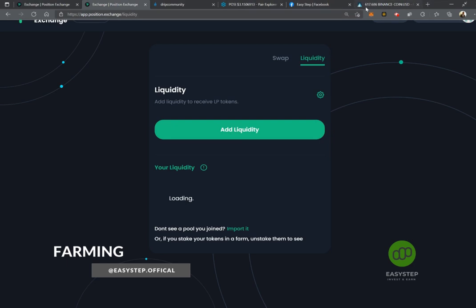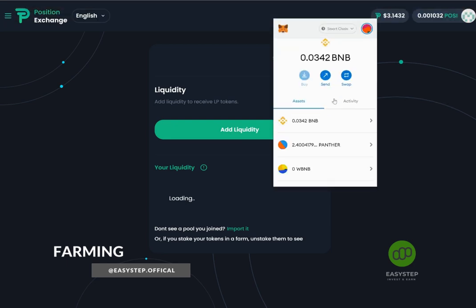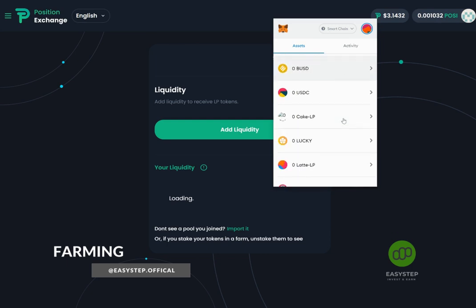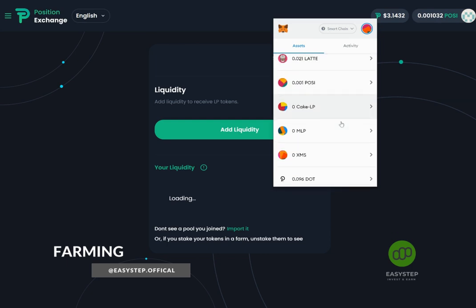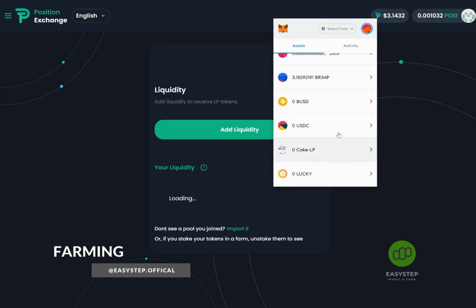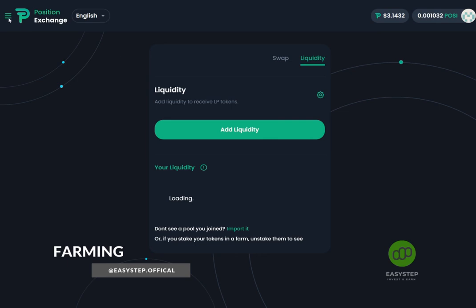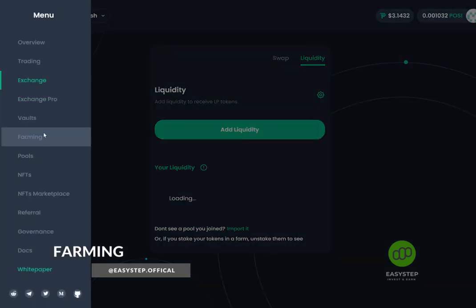And once the transaction is confirmed, you'll see your LP token balance here in your MetaMask, which mine populates down here somewhere. Let me see. It may come up under Cake LP, and that's because the liquidity is coming from the Pancake Swap liquidity pool. Okay, but it'll be here in your MetaMask, and the POSI platform will be able to read that.